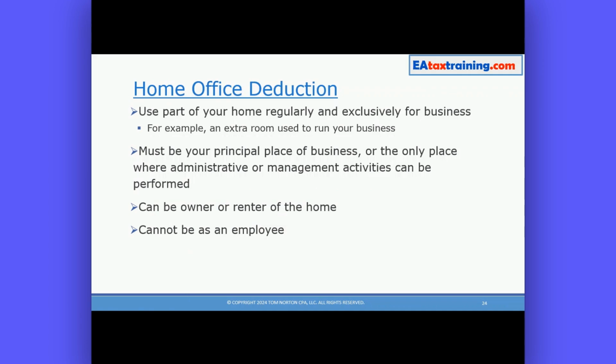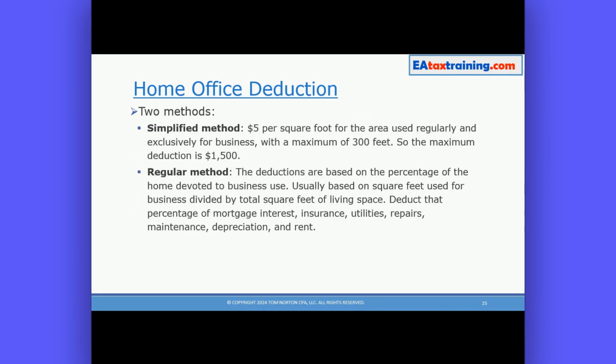You can own or rent the home. Either way, you can take the home office deduction, but you cannot do it as an employee. So this has to be as an owner of your business, not as an employee of the business. So if you're self-employed, you can take the home office deduction, but not if you are an employee. There are 2 different methods, the simplified method and the regular method.